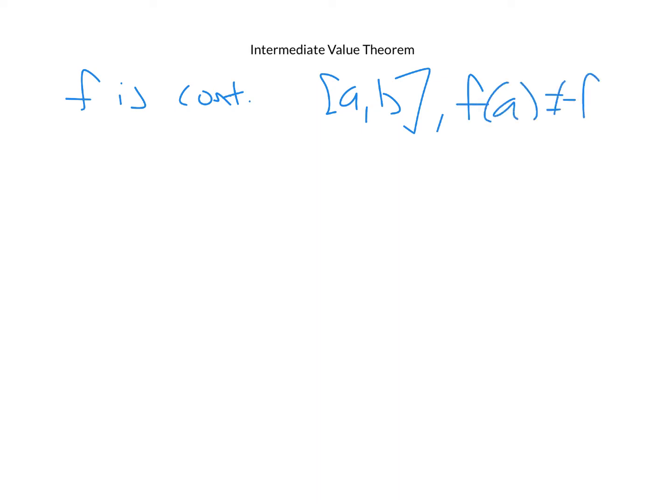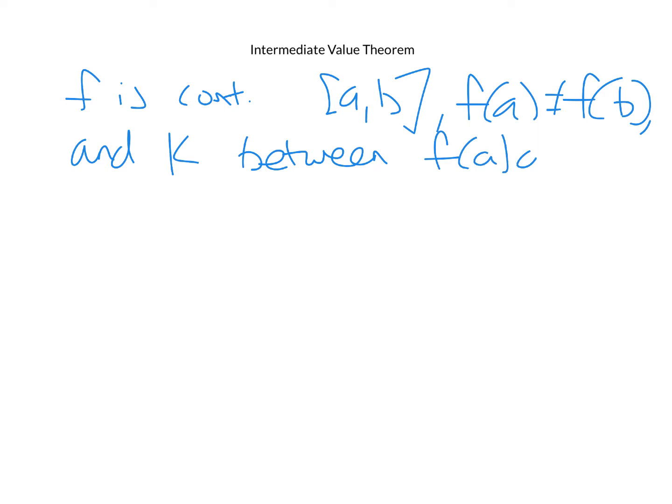All right, intermediate value theorem. This is the last thing we'll do with the section. So let's say f is continuous on the closed interval a to b, and f of a does not equal f of b. And we have some number k between f of a and f of b.